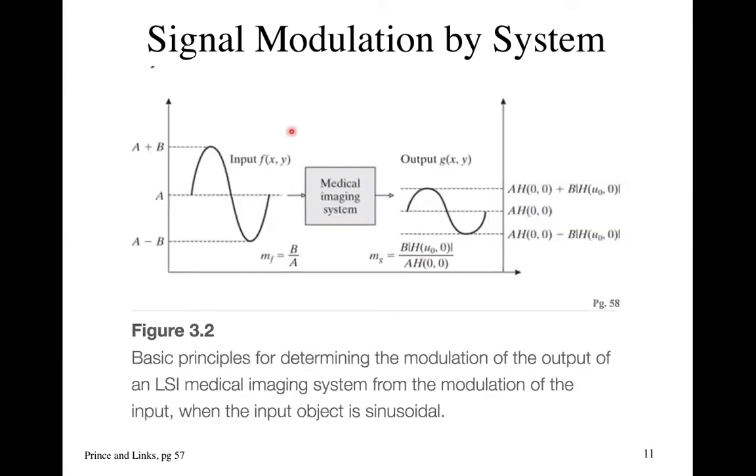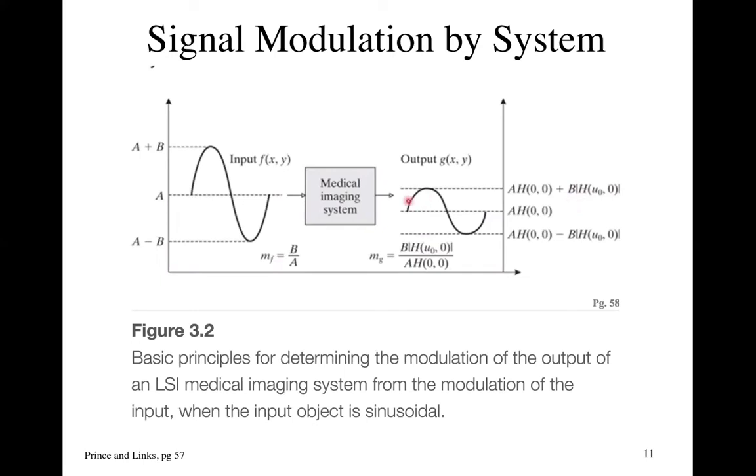And when we look at medical imaging systems and ask, well, for a specific sine wave that goes into our medical imaging system, it gets modulated, as we saw, by the MTF. And the MTF, in this case, in the Princeton links nomenclature, is this function capital H. It's the Fourier transform of that function little h that they had in the other illustration.